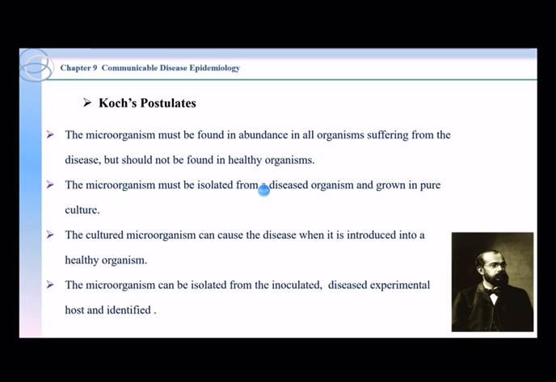The microorganism must also be isolated from a diseased organism and grown in pure culture. The cultured microorganism can cause the disease when introduced into a healthy organism. The microorganism can be isolated from the inoculated experimental host and identified. So we just need to be familiar with these postulates.